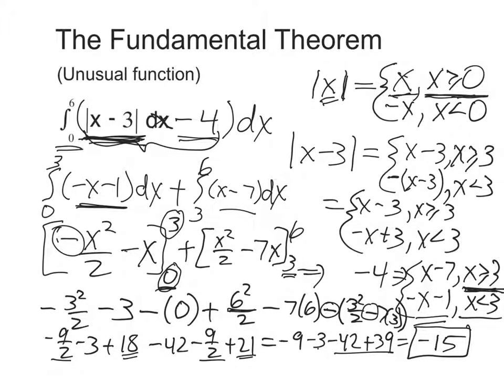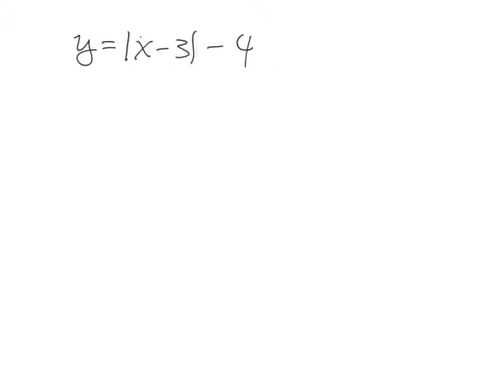Now, let's look at the graph of this function to see how, even with the negative 15, that represents the area of something. Let's go ahead and graph this function. And the absolute value, do you remember what the graph of that's going to look like? Okay, a V shape.